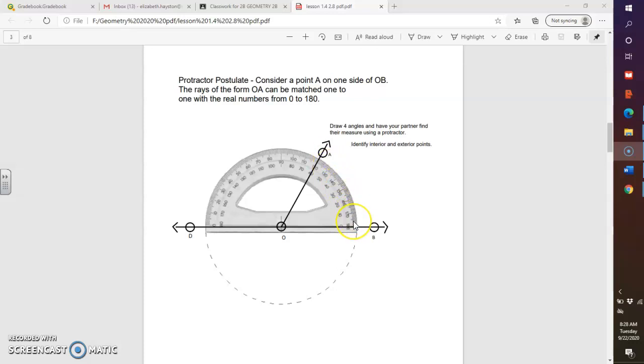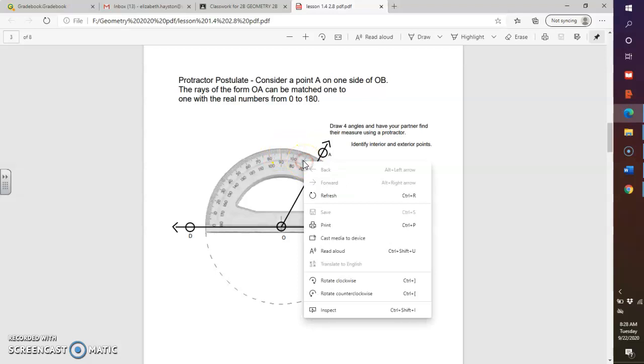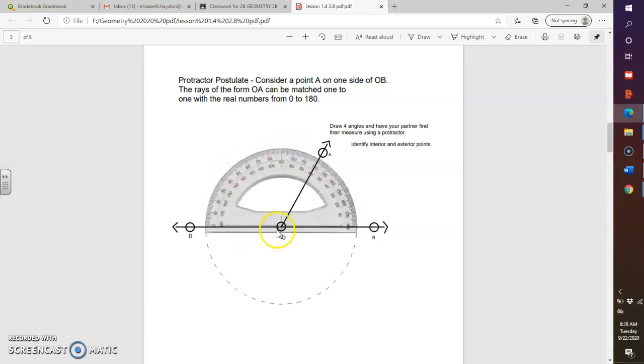When you measure angles, please be aware with the protractor, if your line goes to the right, we're using the smaller numbers or the inside numbers. When your line goes to the left down here, we're using the outer numbers. Line going to the left, outer numbers.